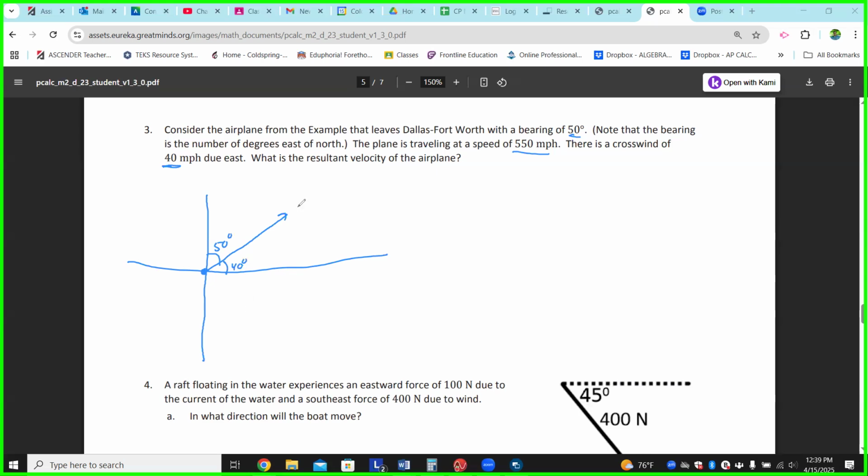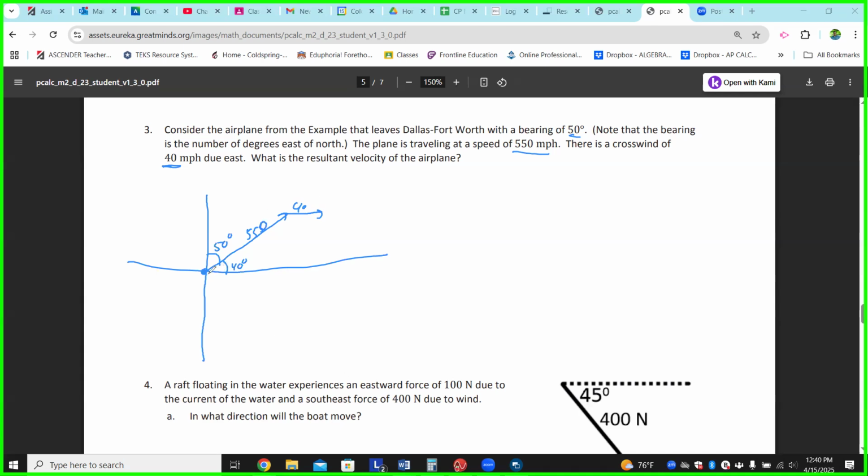Now this plane is being hit with a 40 mile per hour wind due east, directly east. I'm going to write it here: this is 40 miles per hour due east. This was again 550 miles per hour. All right, so we got a good setup.